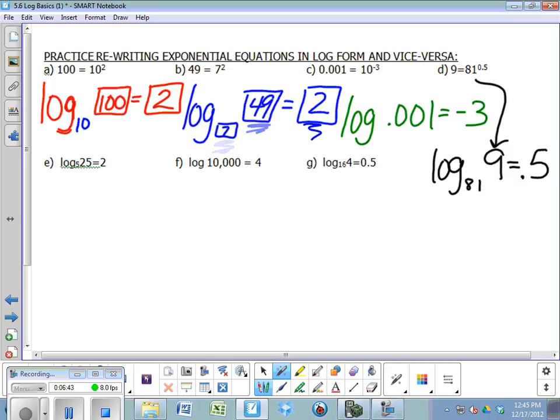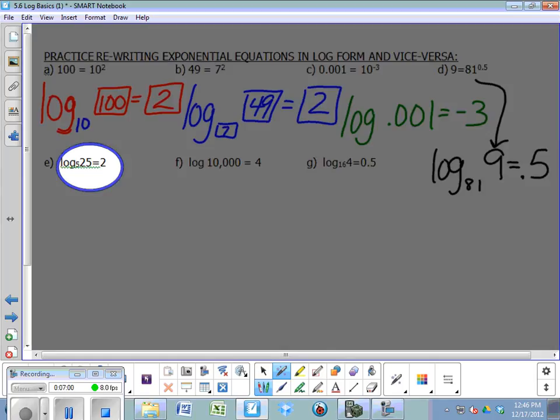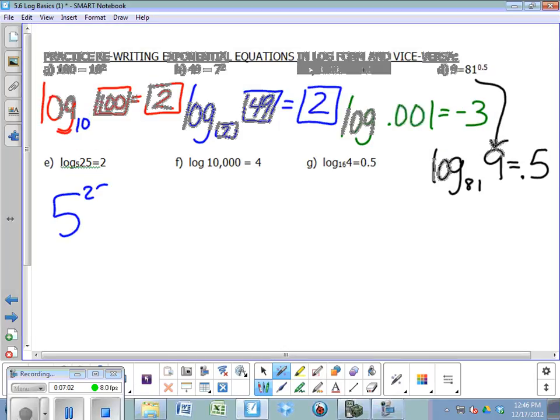Practice going the other way. They already have E, F, and G in log form. Write them out in exponential form. This way is, I think, easier because there's only one way that it works. If you have to rewrite this in exponential form, is it 5 to the 25 equals 2?